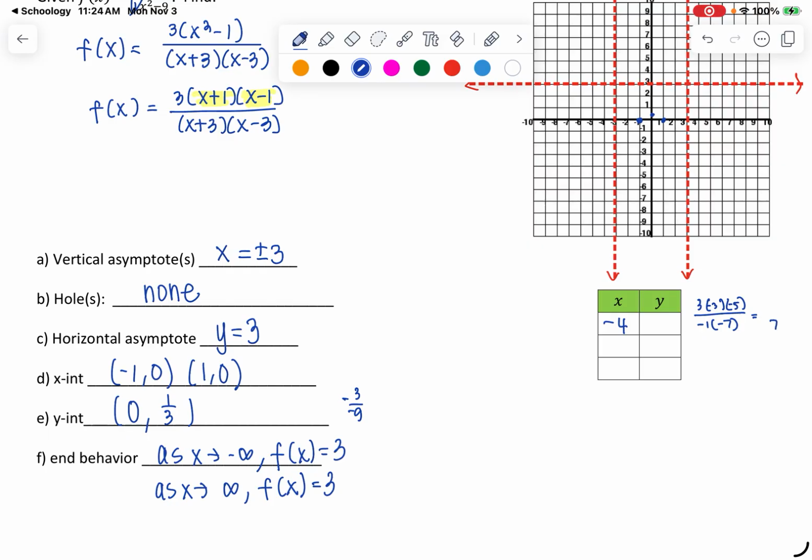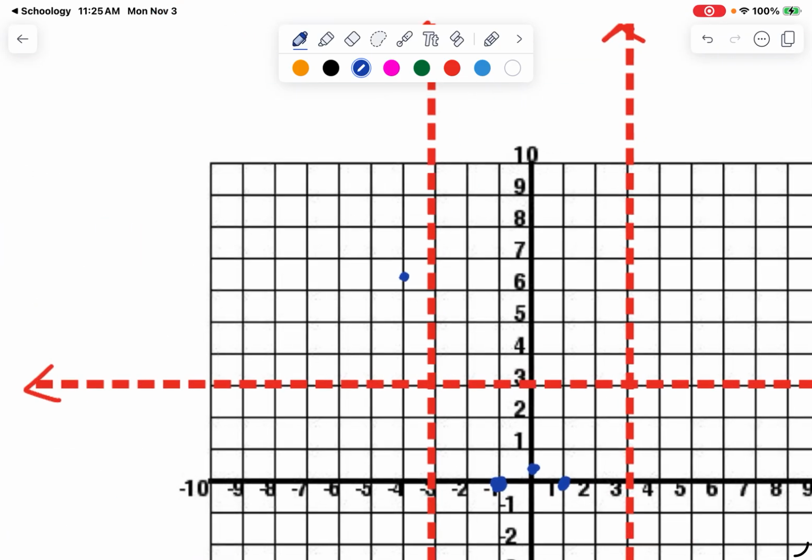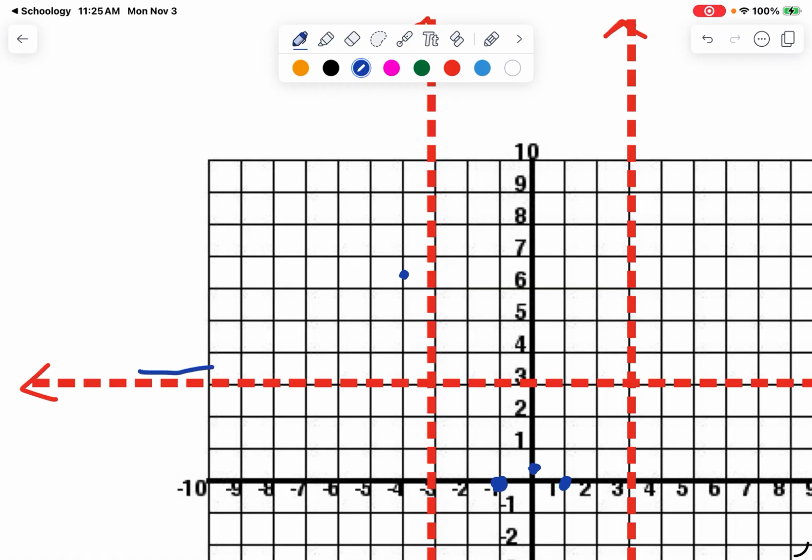So I get, in the denominator, I have a 7, and in the numerator, I have 45, right? Yeah, 45. This is not a beautiful answer, so I might end up plugging in -5 also, but it might not give me a beautiful answer either. All right, so when I plug in -4, 7 goes into 45, 6 times with the remainder of 3, so 6 3/7. I'll live with that. All right, so I have (-4, 6 3/7), right there.